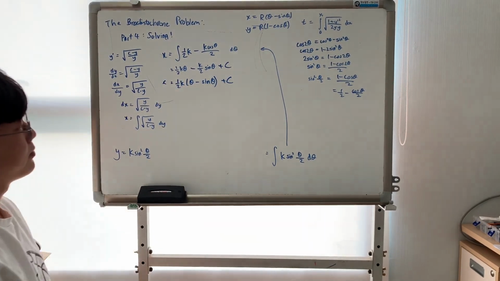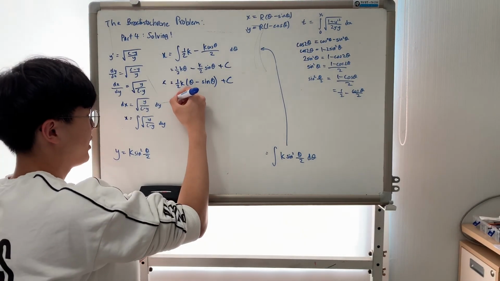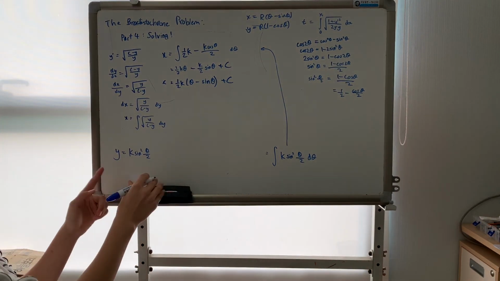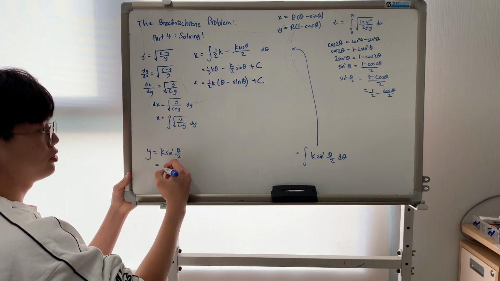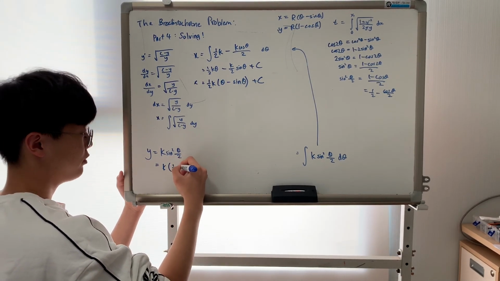X is equal to that. And now what do we know? Well, we said y is equal to k sine squared of theta over 2. And from that equation, you could say that's going to be equal to k times 1/2.